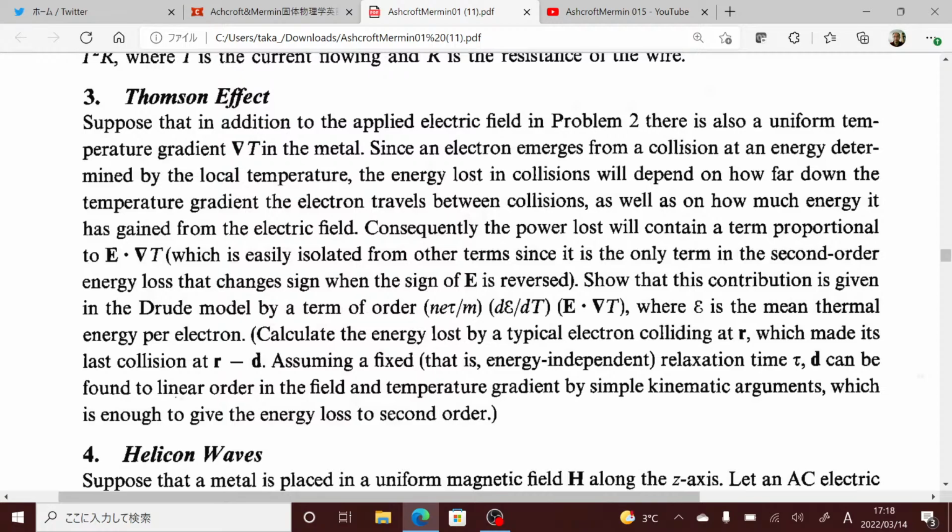Suppose that in addition to the applied electric field in problem 2, there is also a uniform temperature gradient, nabla T, in the metal.